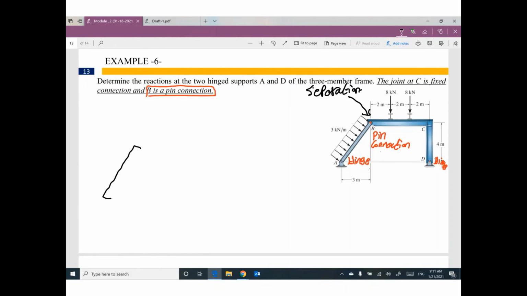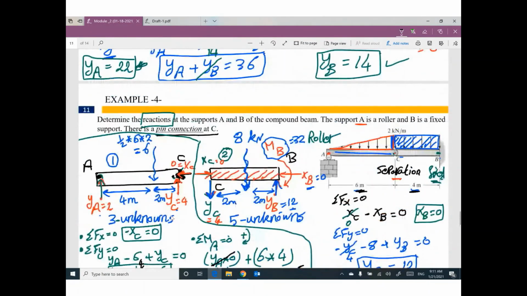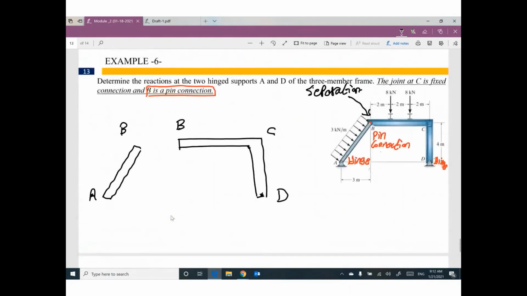Here is the first part, A, B. The second part, B, C, D. That makes sense? So we have two parts like example number 4. What do you have?